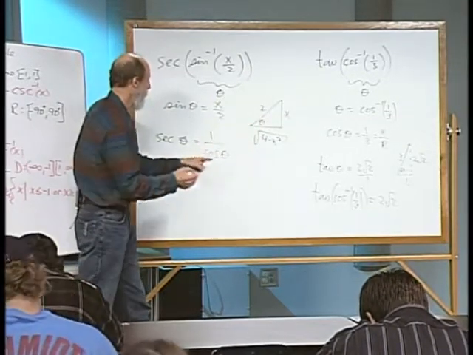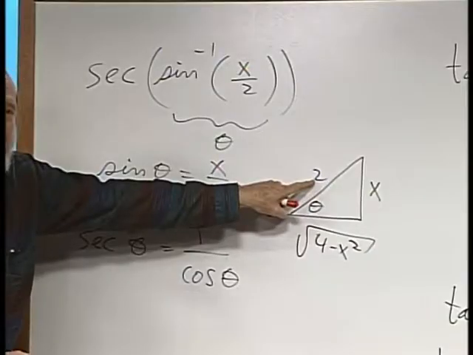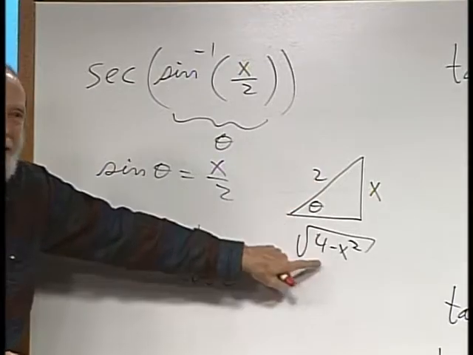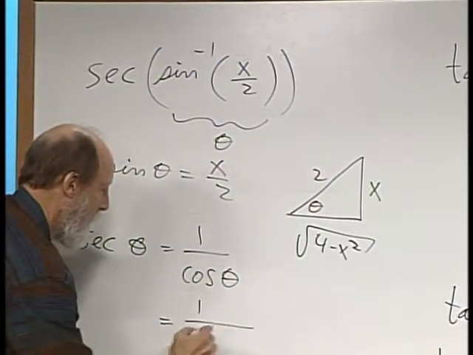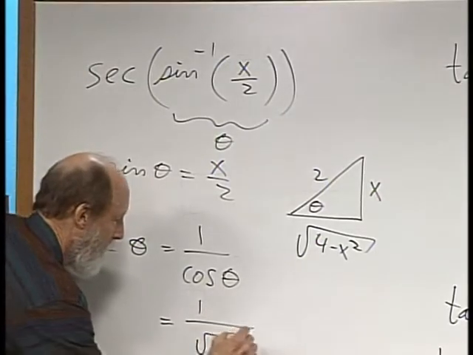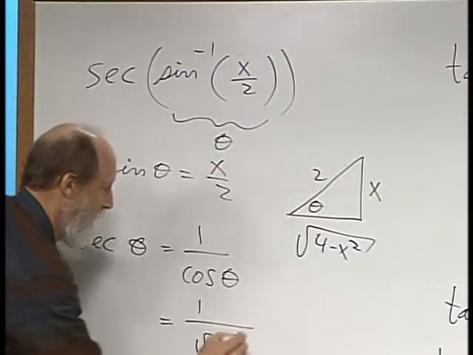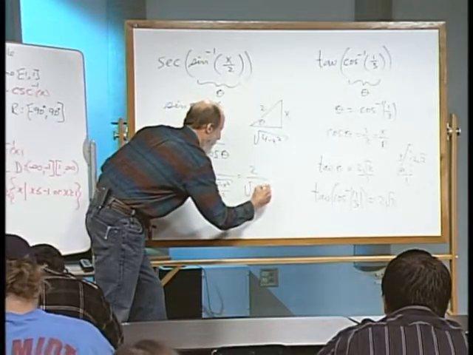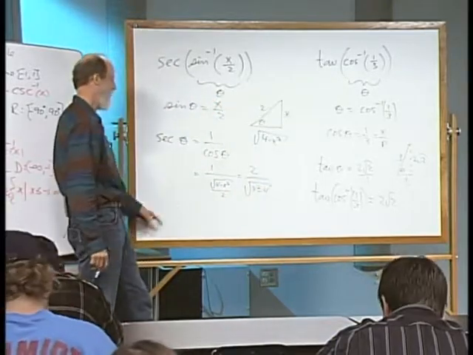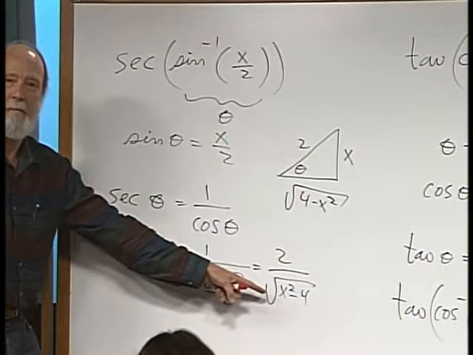And so we know our cosine is this radical here divided by the hypotenuse right there. This over this is the cosine. And so we want the reciprocal of that cosine. And so the result is 2 over the radical 4 minus x squared. So there's the answer to the question without rationalizing the denominator.